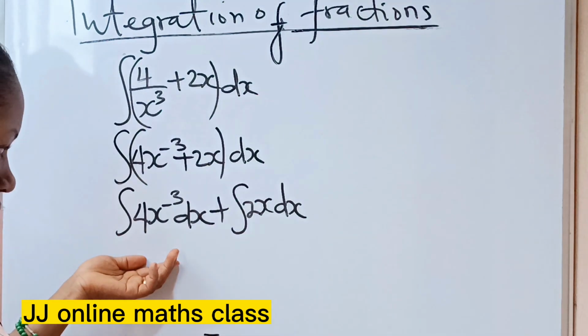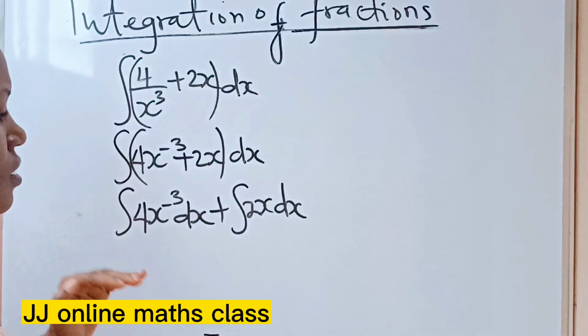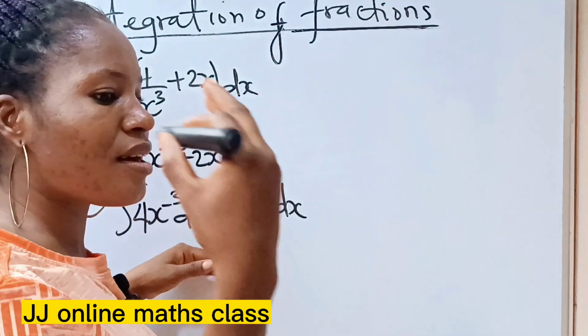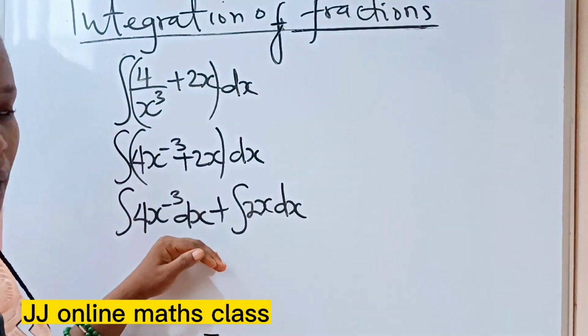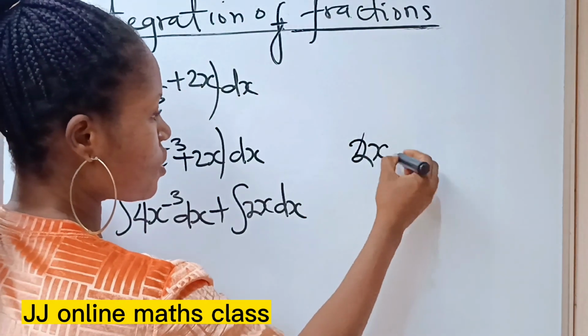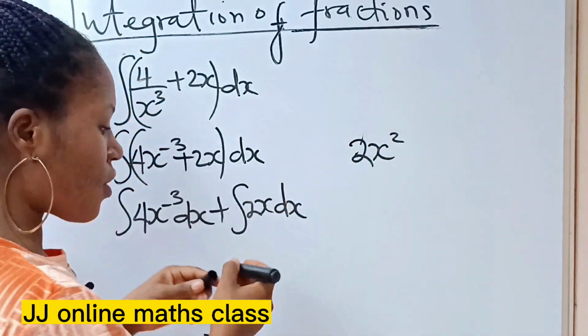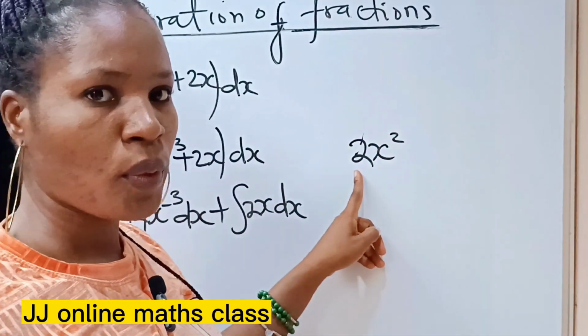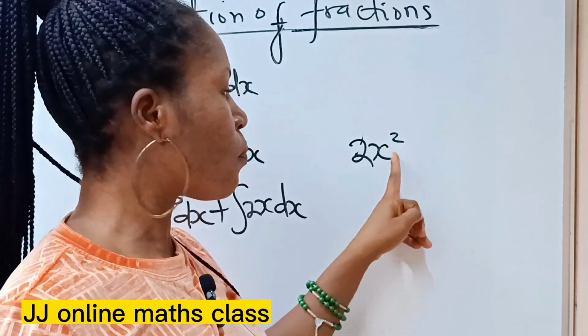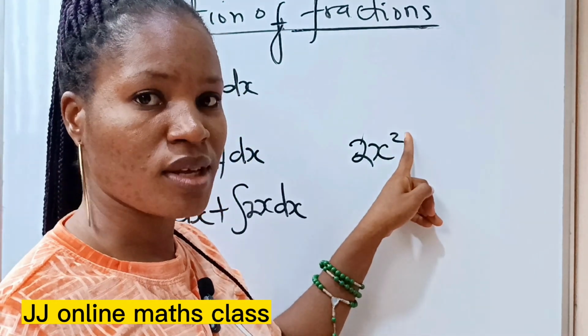At this point, what do you do next? We start integration, and for those of you that are hearing of integration for the first time, this is integration. For example, if we have 2x to the power of 2, we are not really interested in this 2. We are only interested in the power of our x. That is what we are making use of. The power of our x is our point of interest.